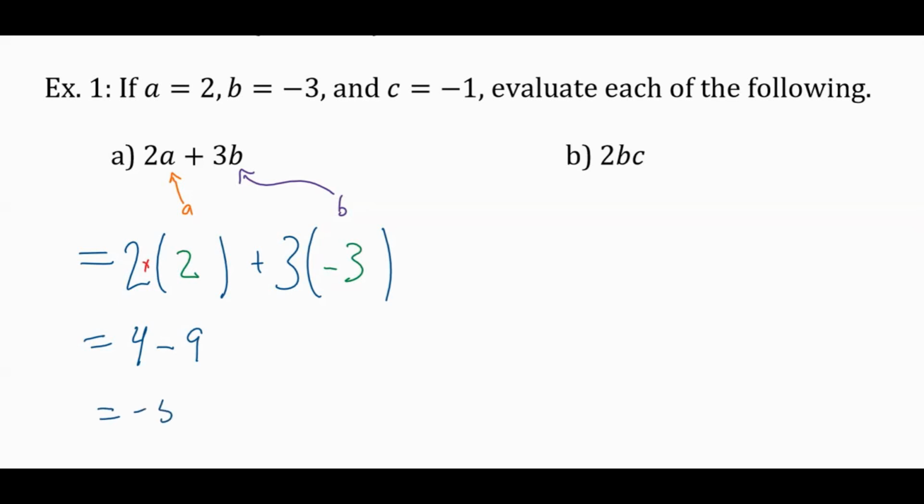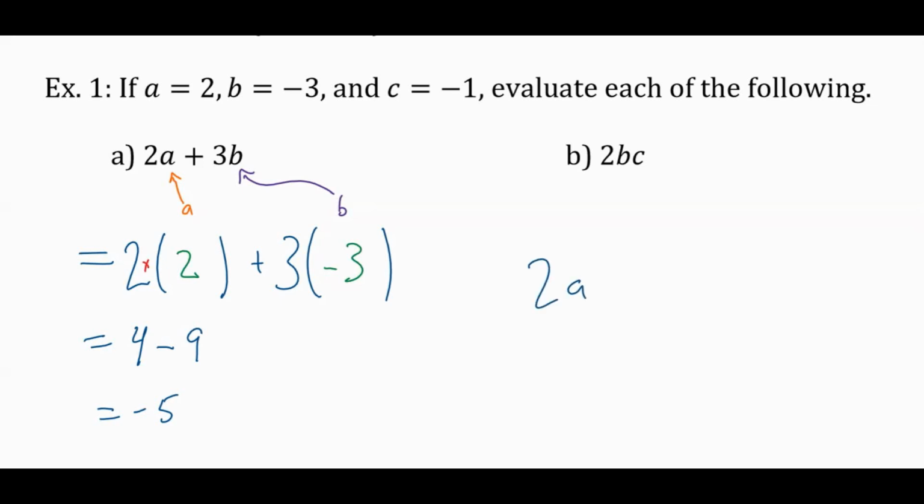Okay? If you don't use the brackets, I've seen people do this, where when they sub in here, and let's say it's 2a, they just put 2, 2 and turn it into 22 or something like that.